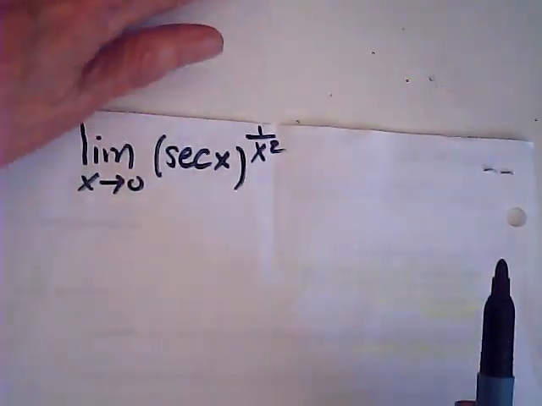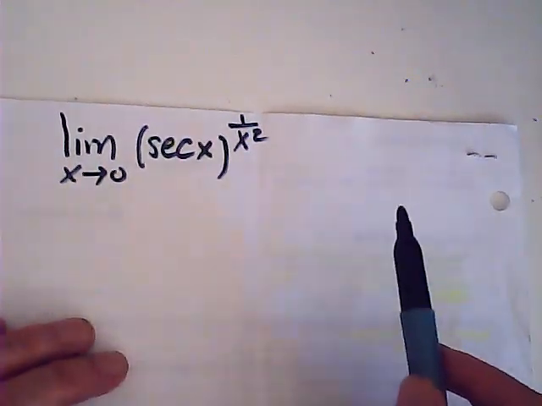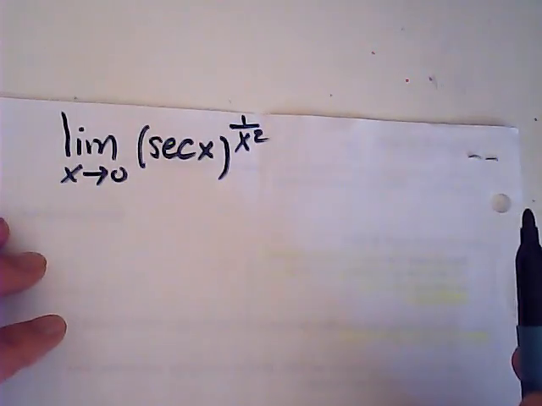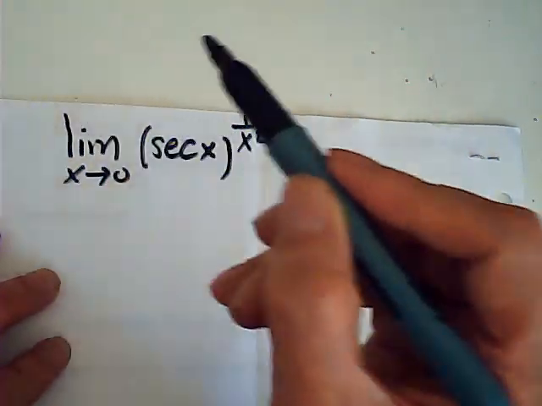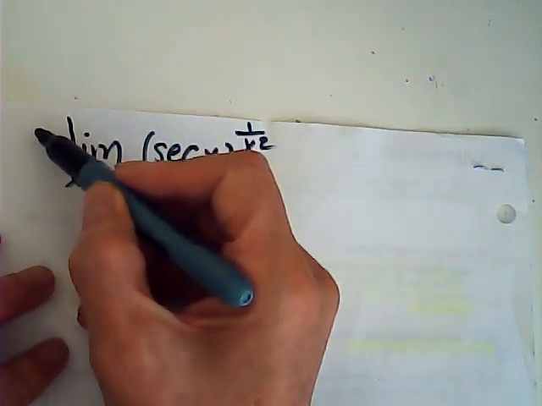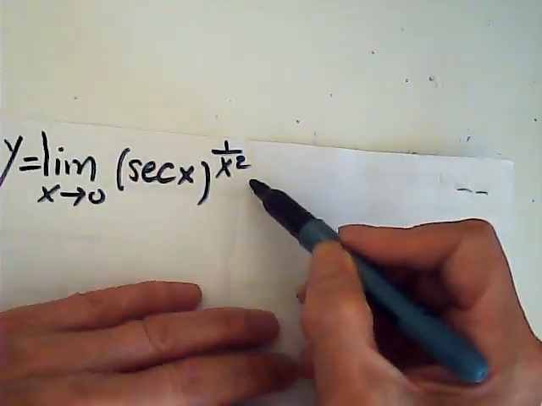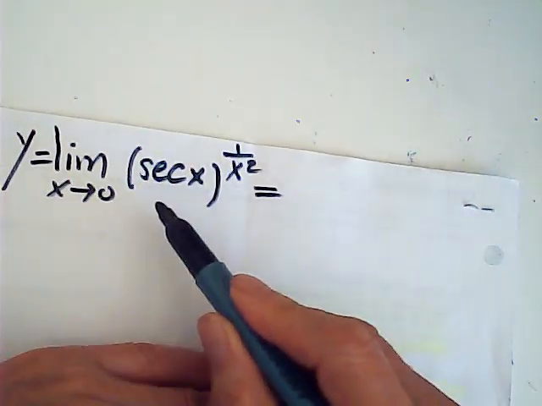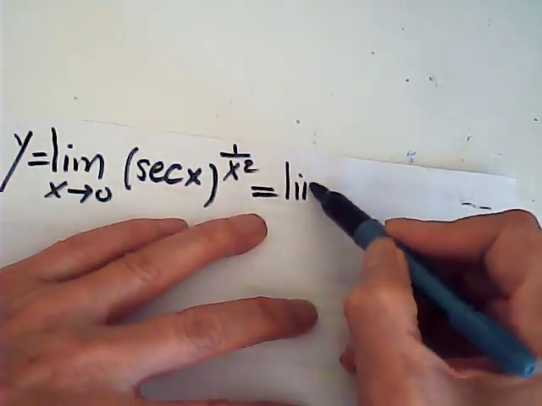Now let me do this limit by two methods. The first method, which is also the most commonly used method, we let this be y, the limit be y. First, I change this secant into cosine.